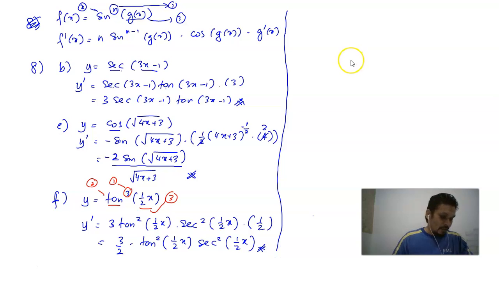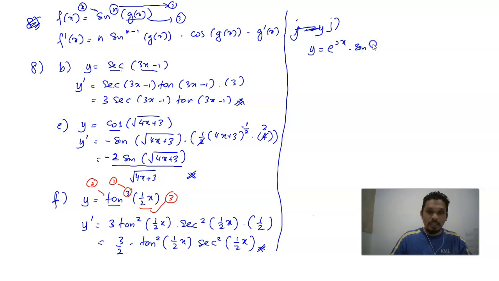Okay, try with another question here. Question G, y equals e to the power of 2x multiplied with sine 3x. So this is our u and this is our v, where u equals e^(2x), v equals sine 3x.